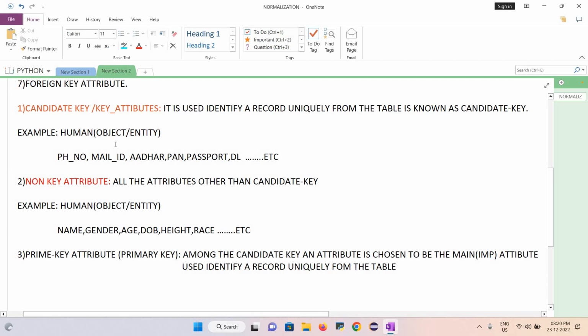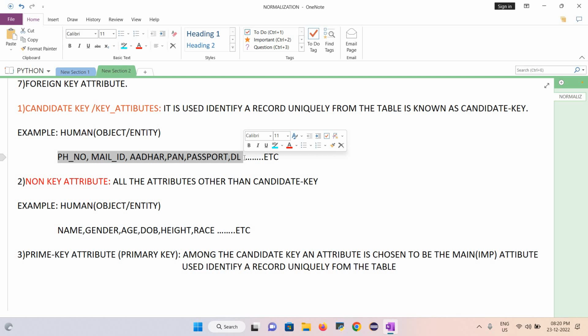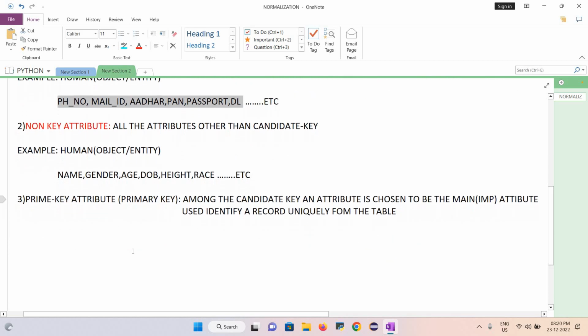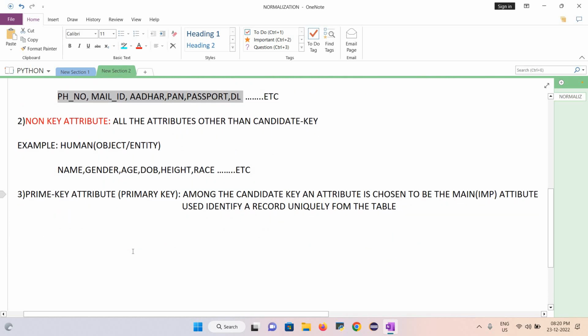Which means here are so many candidate keys. All these different unique identity attributes are called candidate keys. It always has more than one, but here it's not like this. When it comes to the primary key, it must have only one attribute.